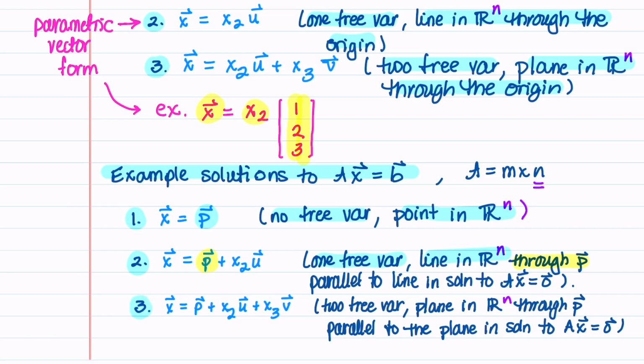If you have two free variables, your solution is a plane in Rn, again through point p, parallel to the plane in the solution to Ax = 0.